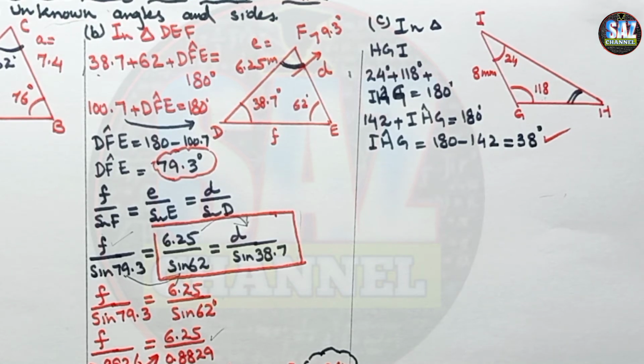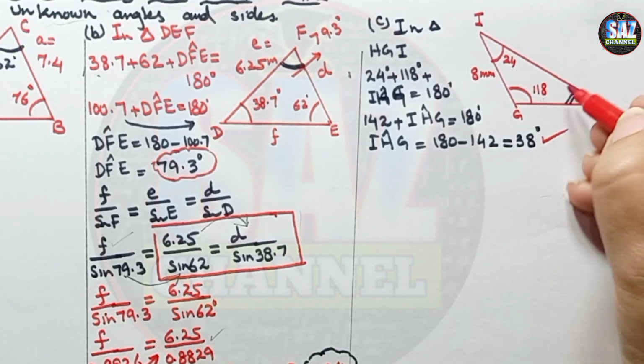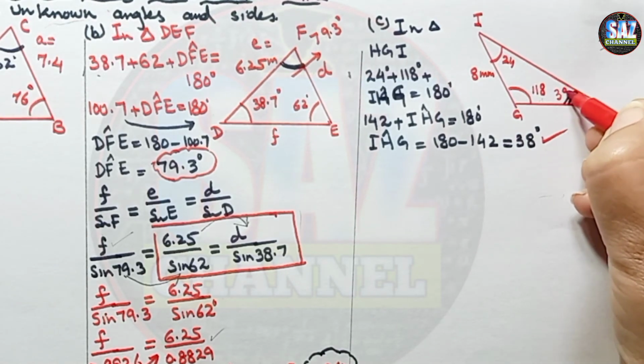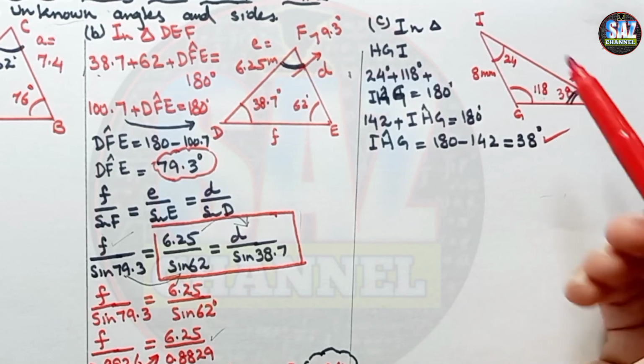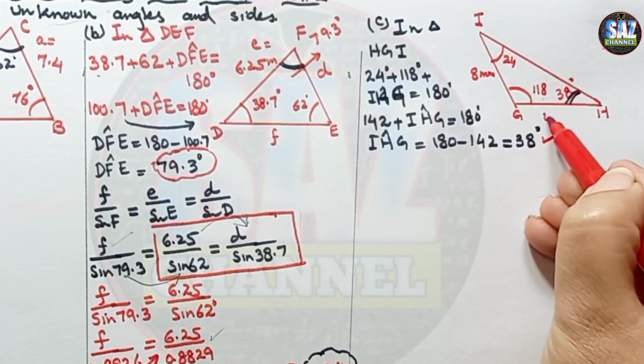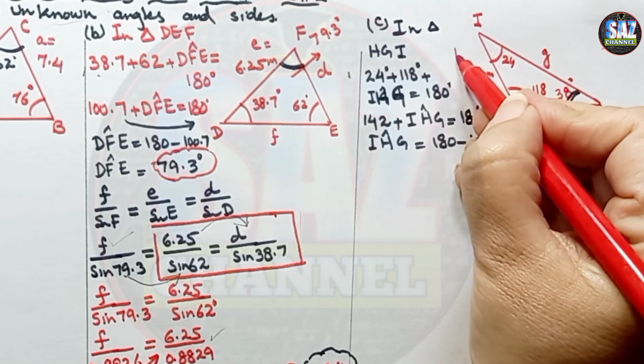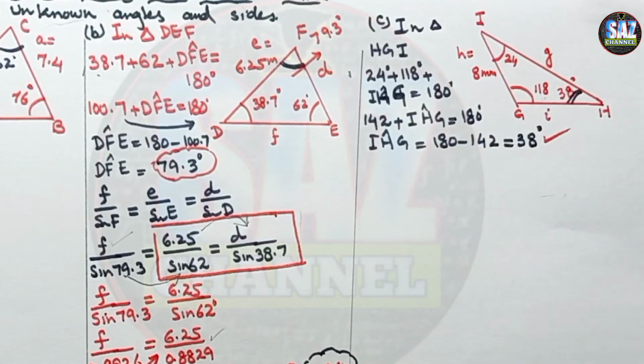Now coming to the second problem, that is finding the unknown lengths. This is 38 degrees. Looking at the diagram, this is small i, this is small g, and this will be small h. First of all, we have to write the sine law.